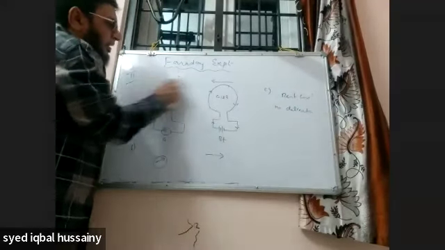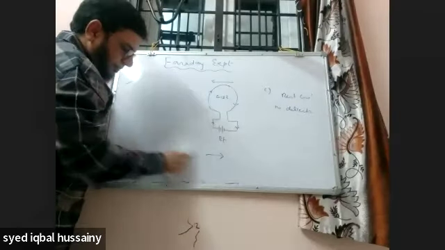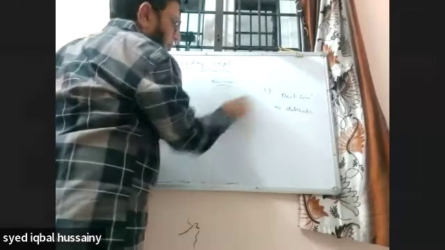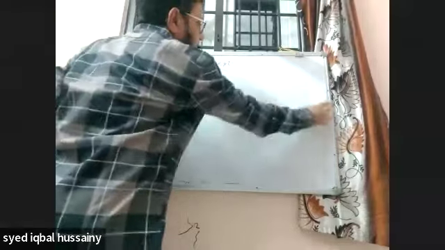Okay, now the third part of the experiment. What you will see here. All are Faraday's experiments. Third part of the experiment, what he did: he is taking a coil.